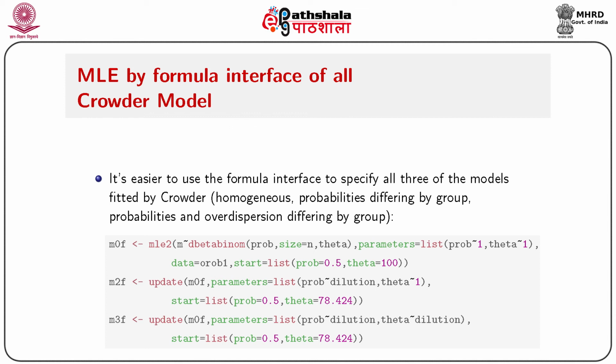Then similarly you update m2f with parameters list(prob ~ dilution, theta ~ 1), and the start list is prob 0.5, theta 78.428. m3f is again updated with the parameters list, and start list prob 0.5 and theta equals 78.424.